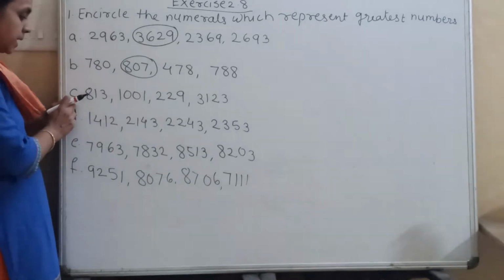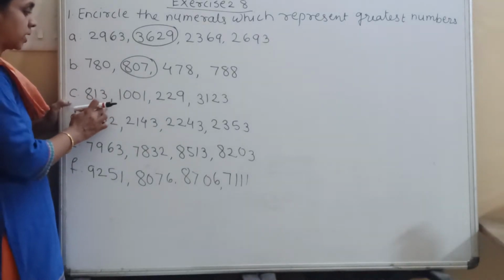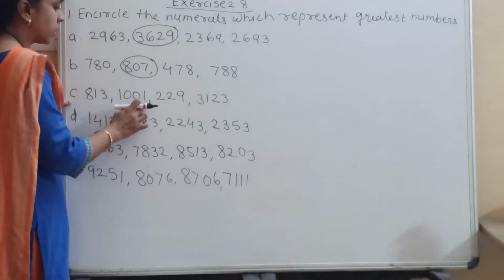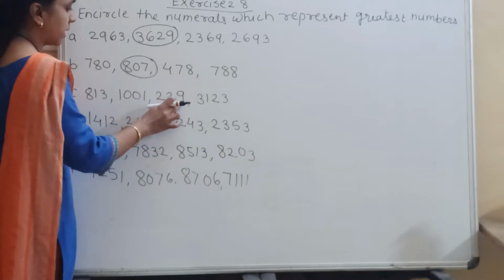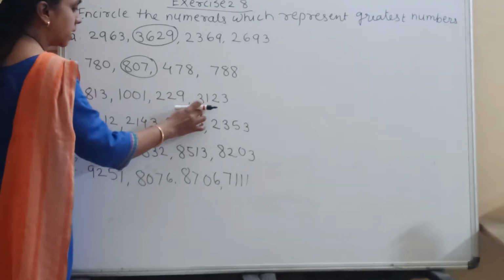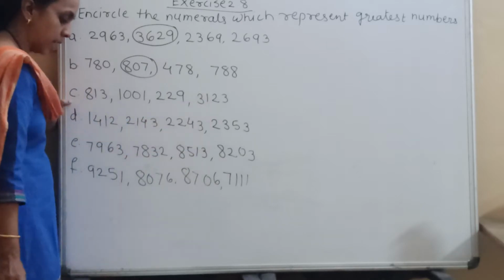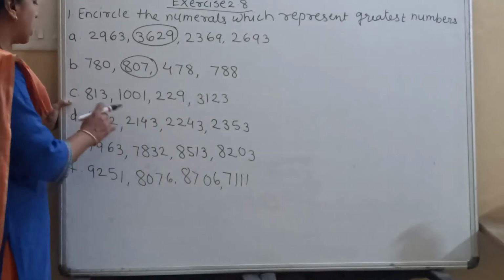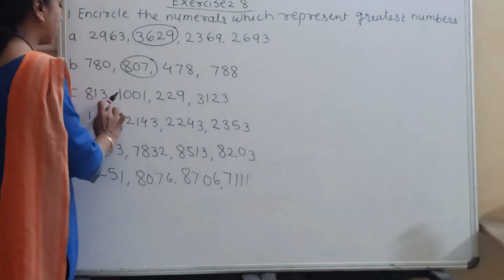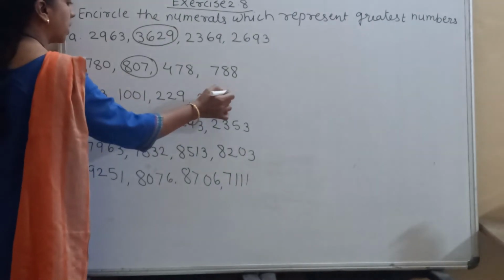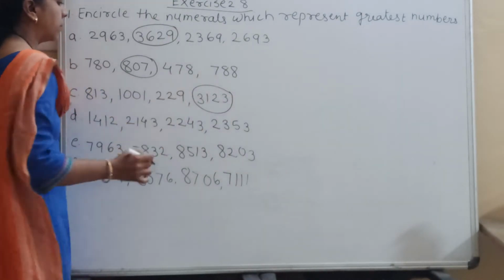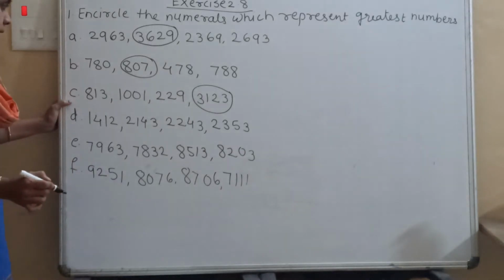Now see the example, 813, then 1001, then 229 and 3,123. So among these 4 numbers, which number is bigger? 3,123. So circle this number.